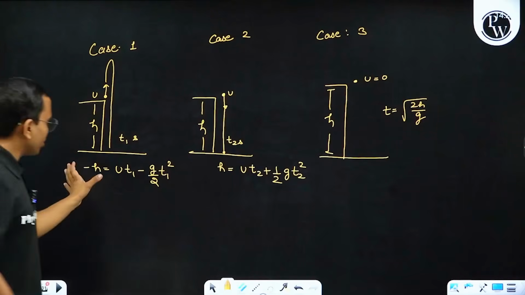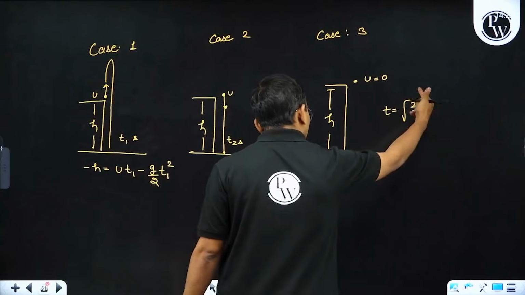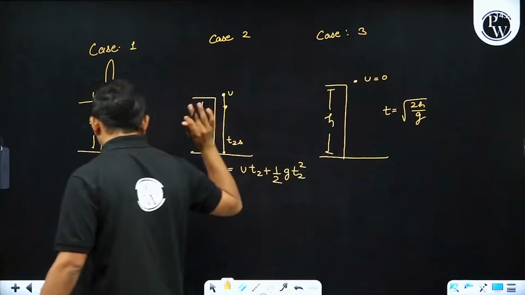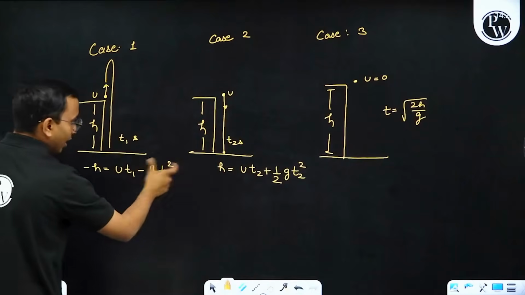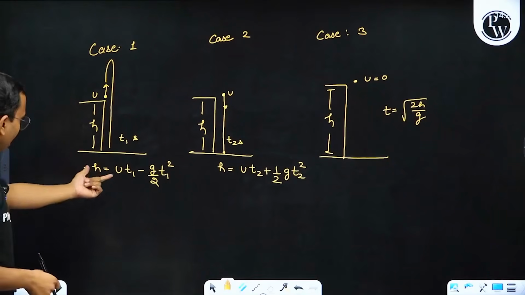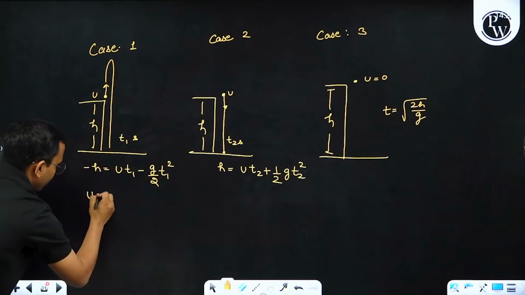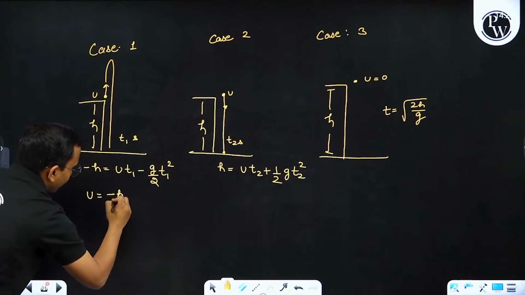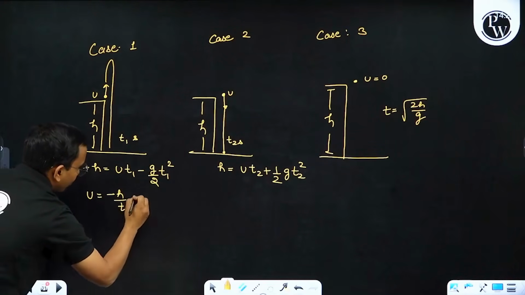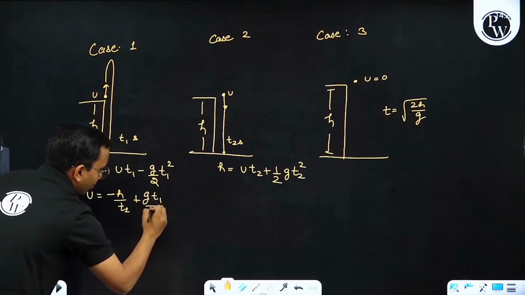Now from these two equations, what I need to do? I need to replace u because I need to relate t, h and g. So I can equate u. From here if I write u, it will become minus h by t1 plus g t1 by 2.